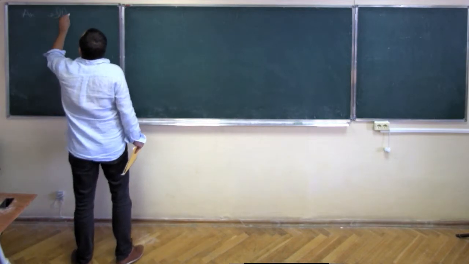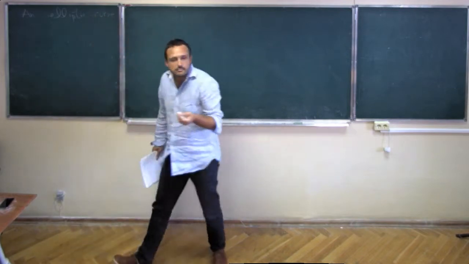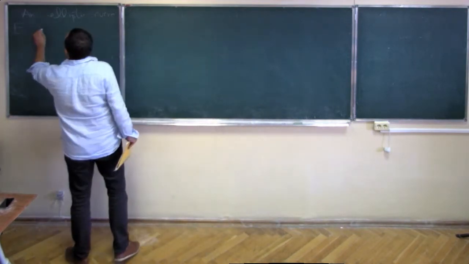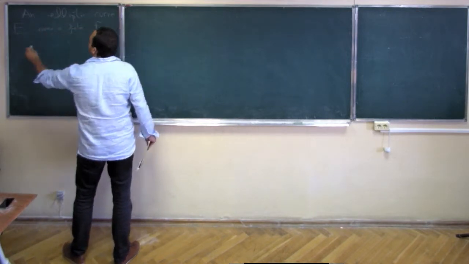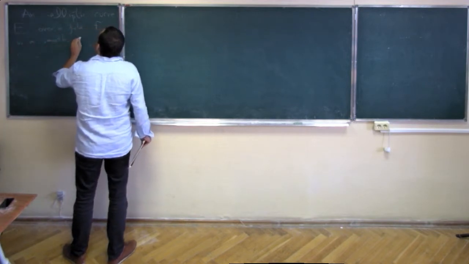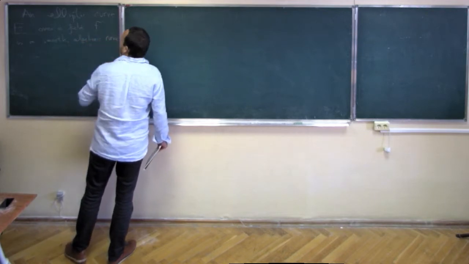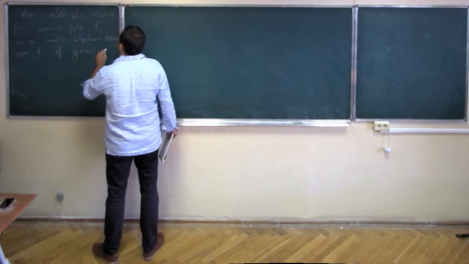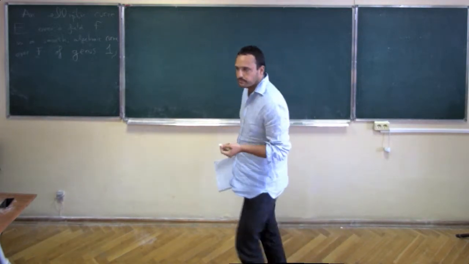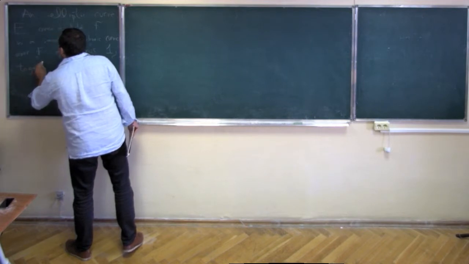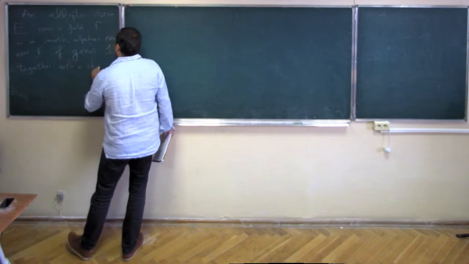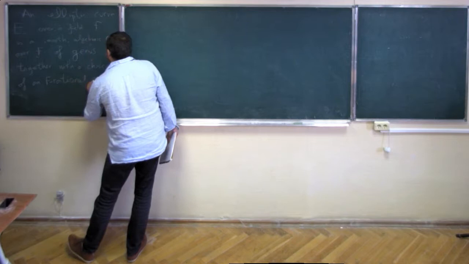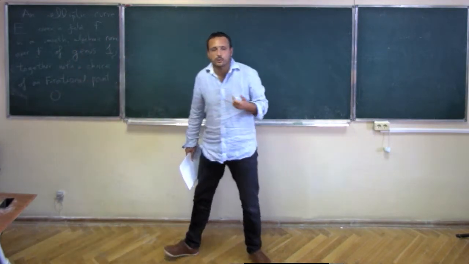So, an elliptic curve, as many of you already know, I will usually use the letter E for an elliptic curve over the field F. It is simply a smooth algebraic curve over F of genus 1, together with a choice of an F-rational point that I will usually call O, because it will play the role of the origin.